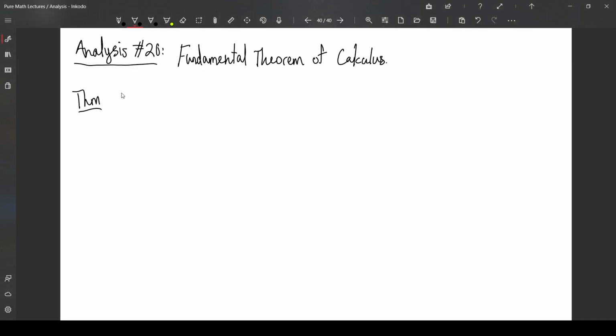So the first one, I'm going to label as FTC1. This is the first version of the Fundamental Theorem of Calculus.